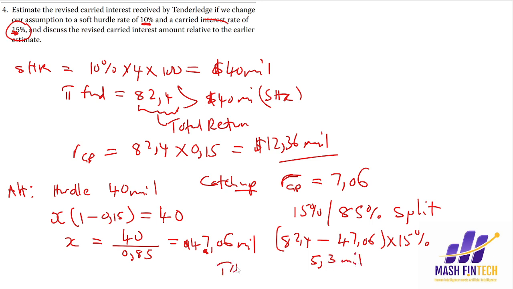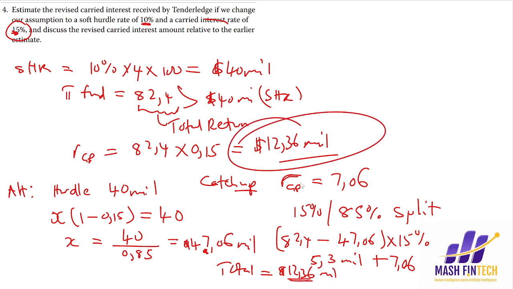Which therefore implies that the total is this 5.3 plus the initial 7.06. Then the total is equal to 12.36 million, which is the same as we calculated here. This is the quickest way to do this, but also you might be required to just calculate the catch-up amount, and this is how you do it to get the catch-up amount.